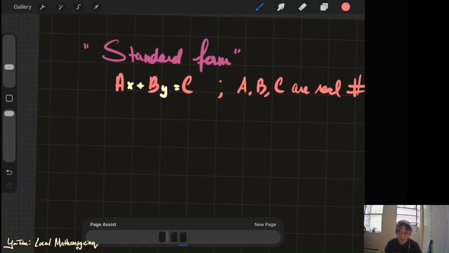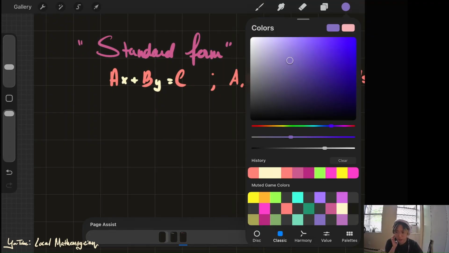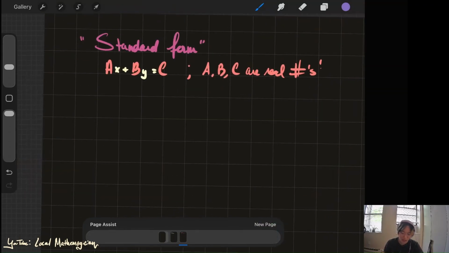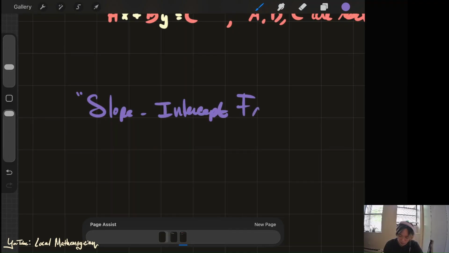Okay. Now, there are two other forms that should be familiar to you, but if not, it's okay. The next one should be slope-intercept form.